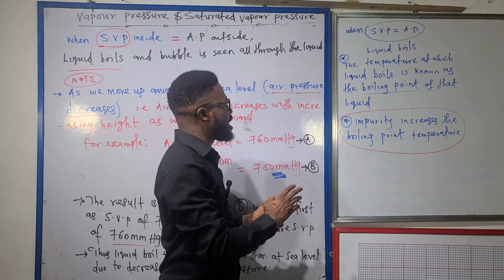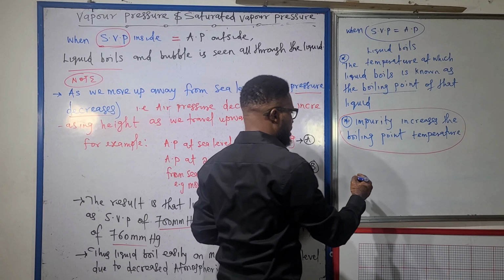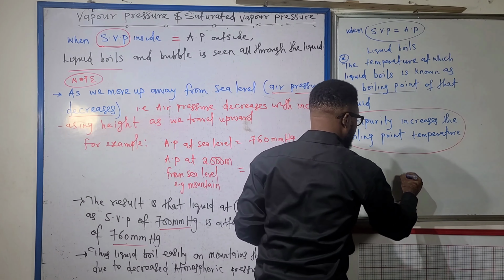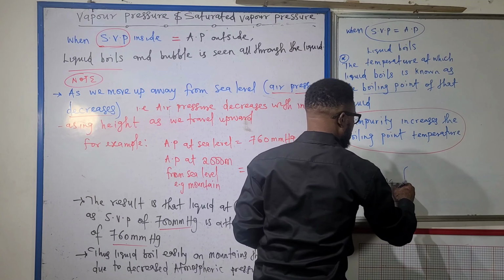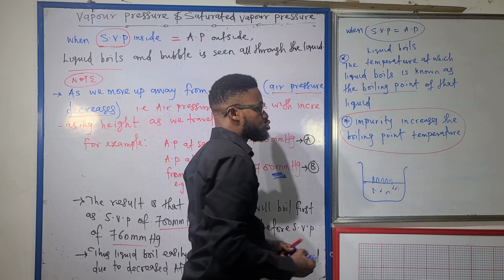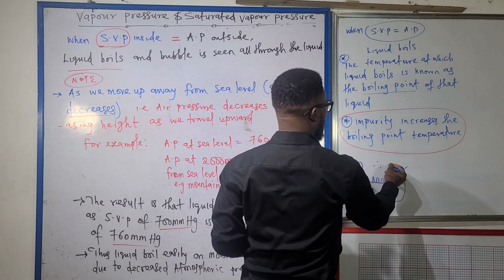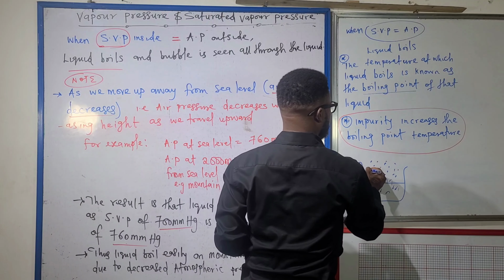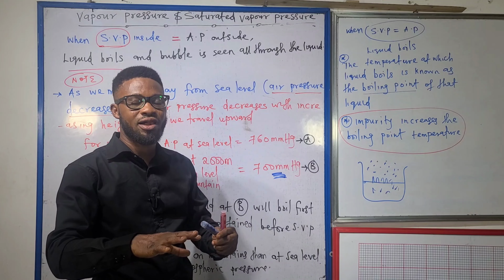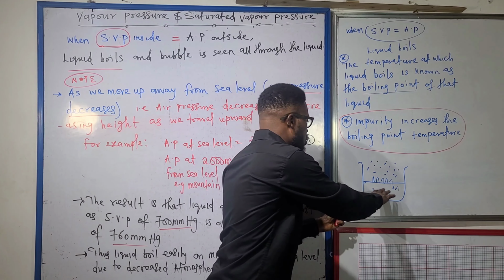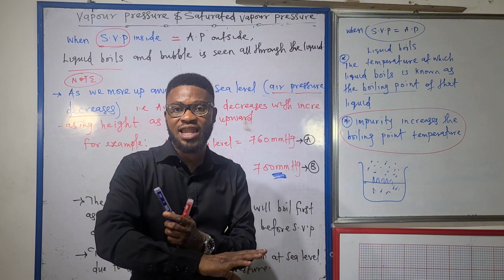Now, let's assume that we had attained the boiling point of a liquid, and having attained the boiling point of that liquid, we have bubbles all through the liquid, and then suddenly I decide to sprinkle salt into the liquid. What happens? Then it suddenly appears as though there are no bubbles again, as though the boiling point temperature had not yet been attained.